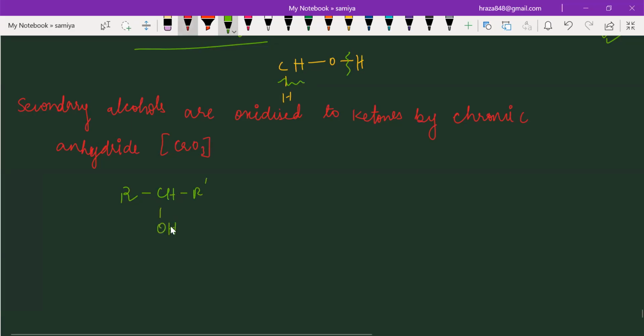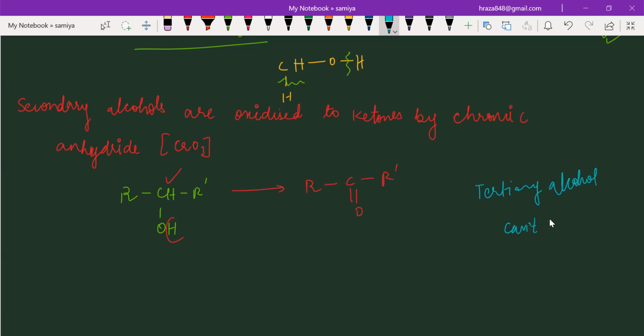So what will be the oxidation? This H will be removed, this H will be removed. So there will be formation of ketone. Always remember that tertiary alcohol cannot be oxidized. You know why?